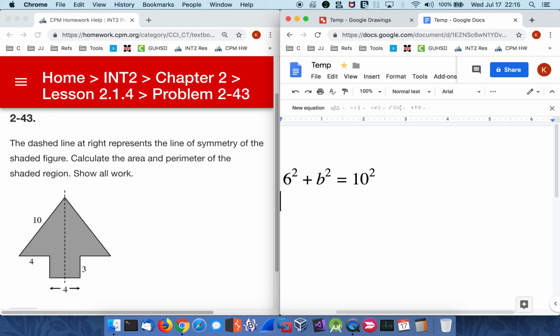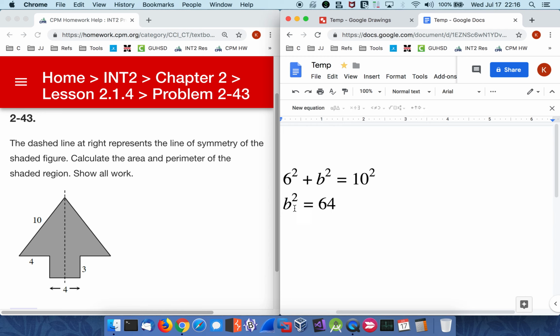Alright, so let's go ahead and solve this. There's only one variable. So 6 times 6 is 36, plus B squared equals 100. Then we'll subtract 36 from both sides, that gets rid of that. And then we have 100 minus 36, which is 64.